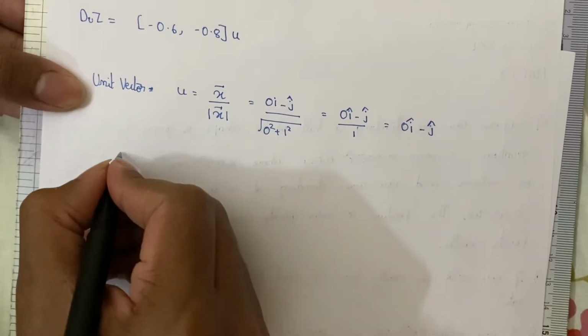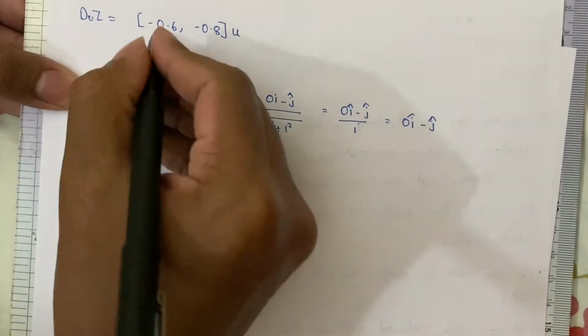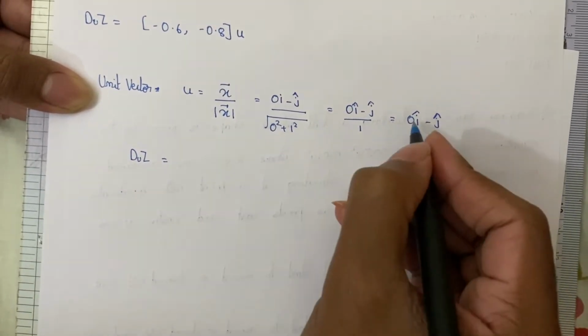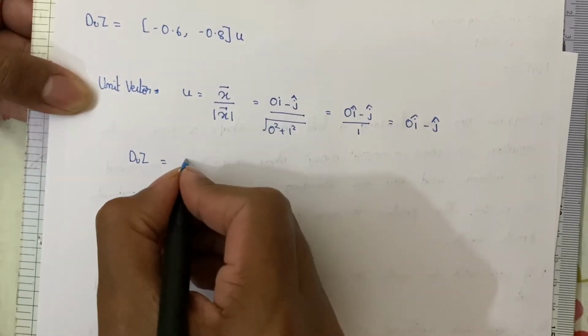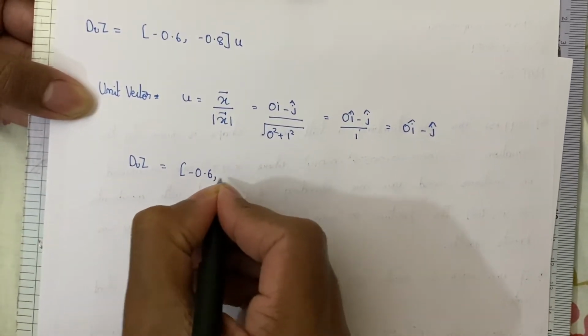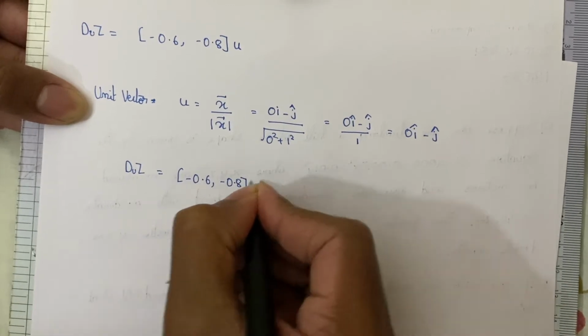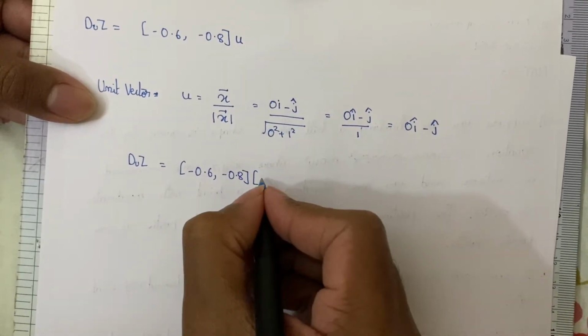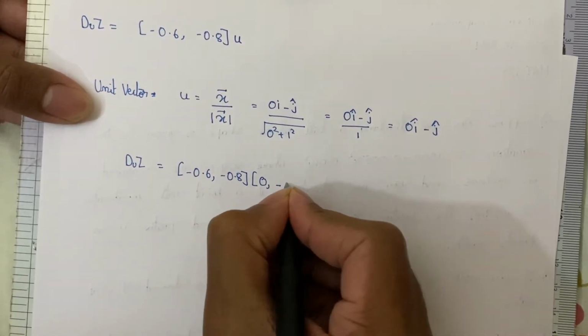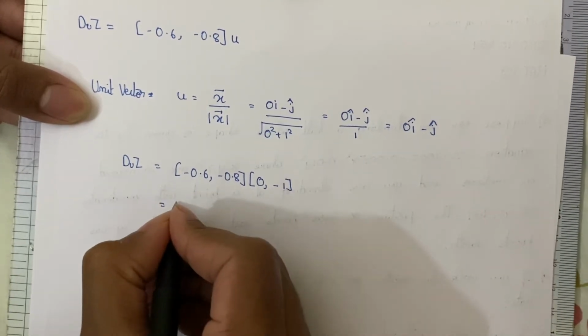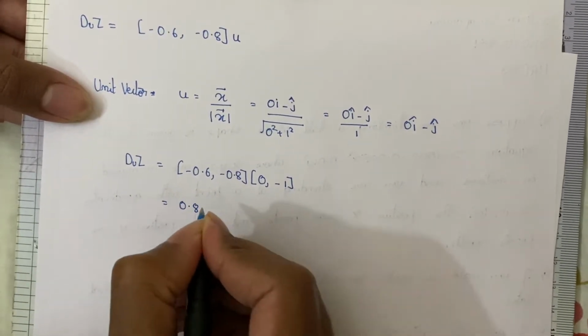So the directional gradient formula is as already written. Let us substitute the value of u: minus 0.6 comma minus 0.8 dot 0 comma minus 1, which will be 0.8.